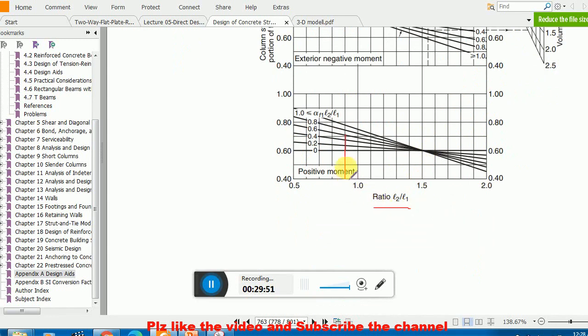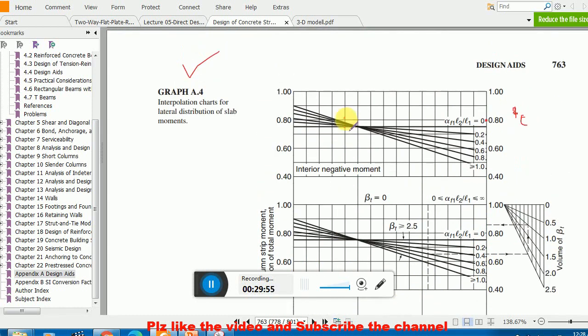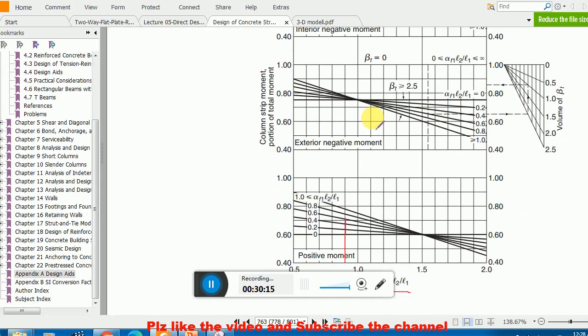This is L2 by L1, so L2 by L1 is my 0.8. You have to go up and stay here, and my beta T value is 0.81. This is a little bit higher value. So from here you can see my value will be 0.81 something. This is my coefficient.